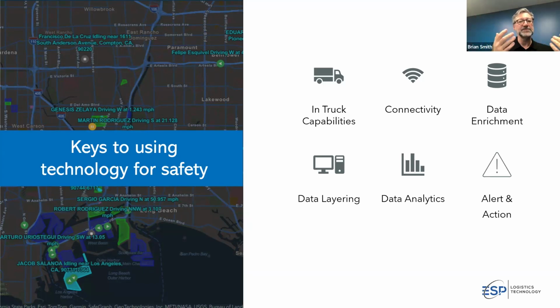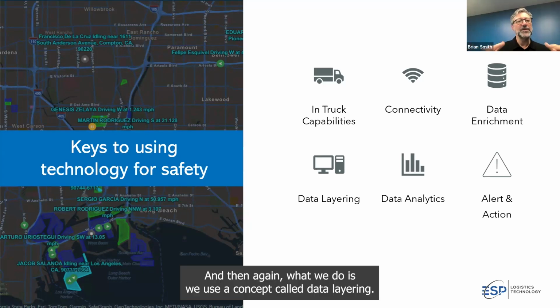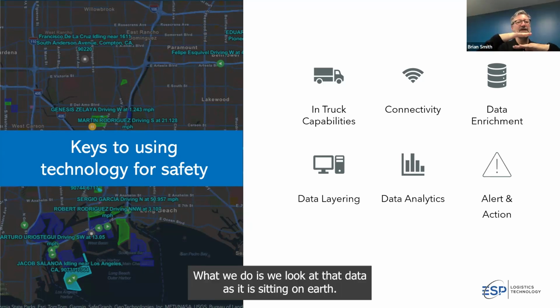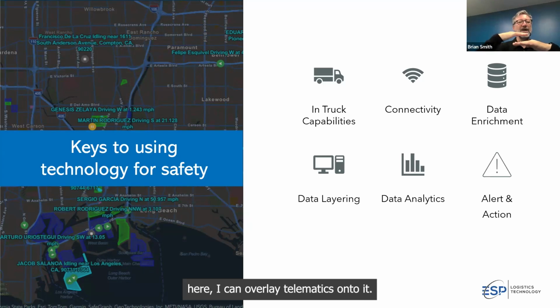And these are informations like the weather information or the geopolitical information, right? And then again, what we do is we use a concept called data layering. We look at that data as it is sitting on Earth. So for example, if I have my base street network here, I can overlay telematics onto it here.